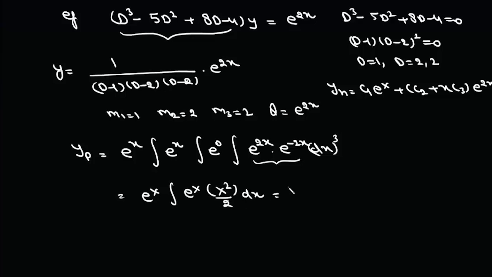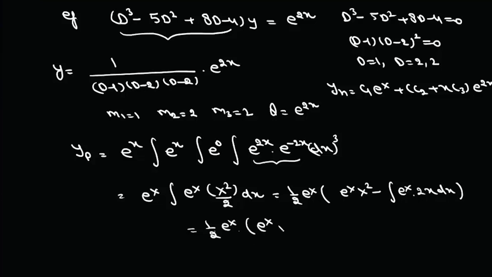Now we'll use by parts, so it will be this 1 by 2 e to the power x, and then it will be e to the power x into x square minus integral of e to the power x into 2x dx, and there will be 1 by 2 e to the power x, e to the power x into x square minus e to the power x into 2x, and then minus minus plus 2 e to the power x.